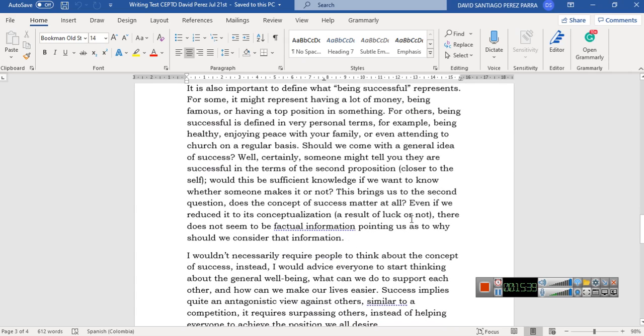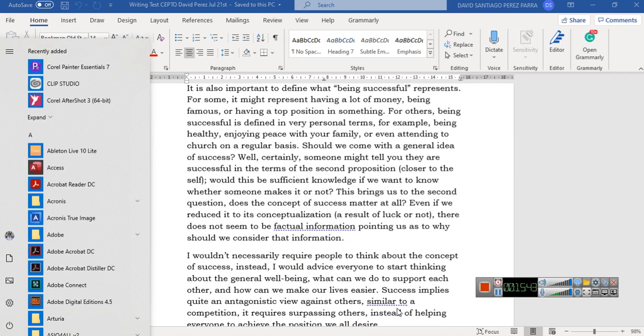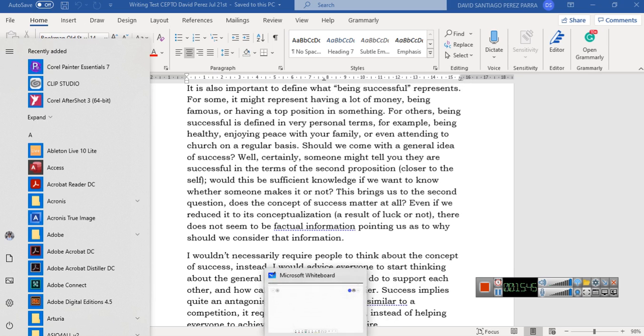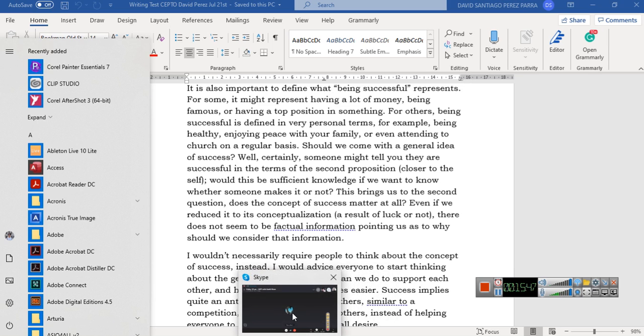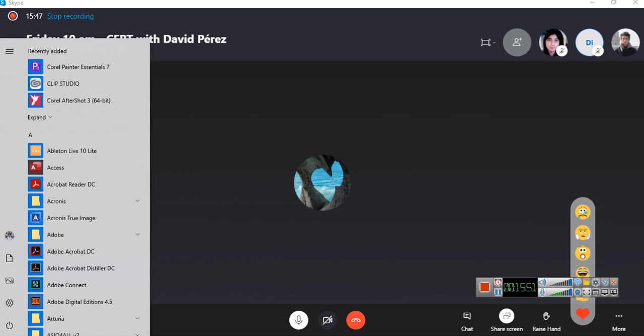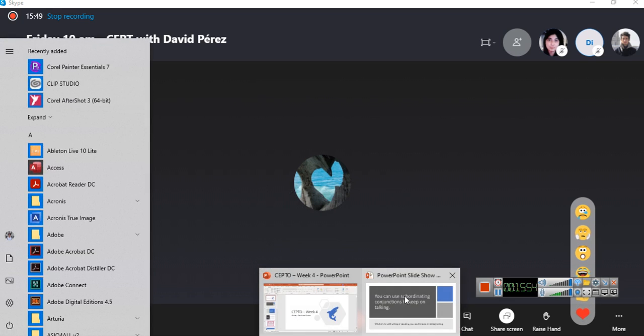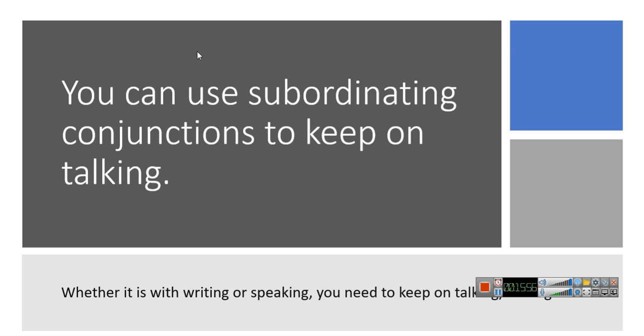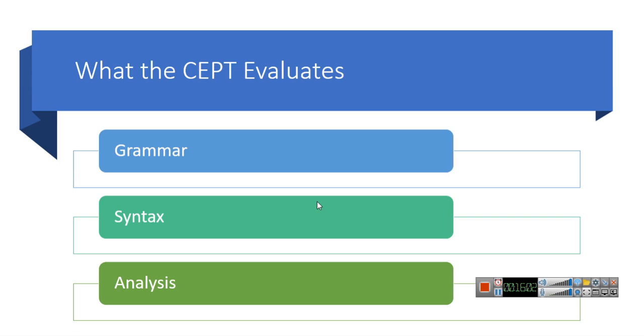I talked about things that weren't even considered for that exercise, and that gave me a lot of points. I want you to do the same. I want you to have higher scores. For that reason, if you want to keep on talking and keep going even on what wasn't considered, you need to use subordinating conjunctions. Now, the CEPT evaluates grammar, syntax, and analysis.